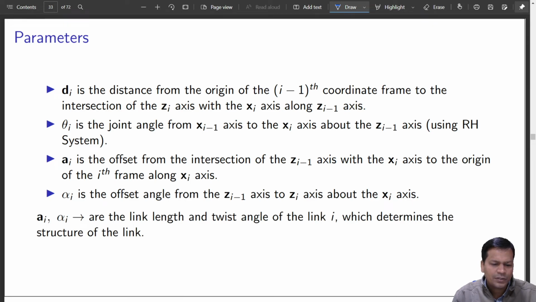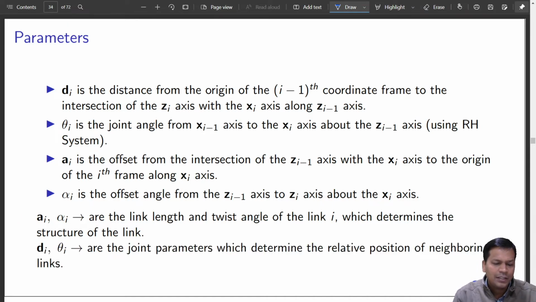Yes, so basically ai and alpha i, this defines the link length and twist angle. It is not going to change with time. It defines the structure of the link, whereas di and theta i can be variable. Di, that is the joint offset. This link can move with respect to each other. Two links can move with respect to each other.